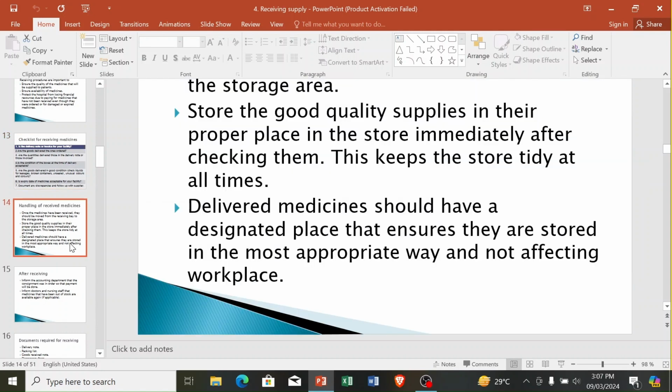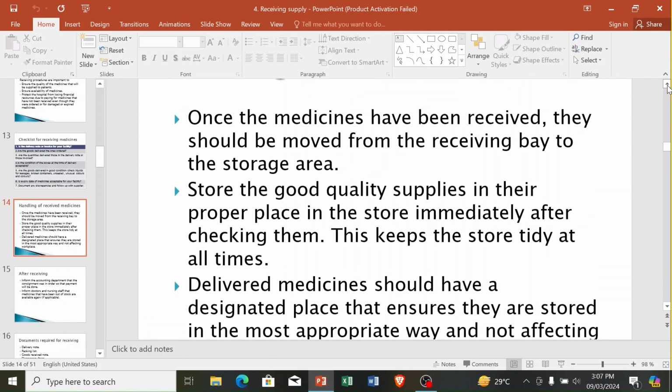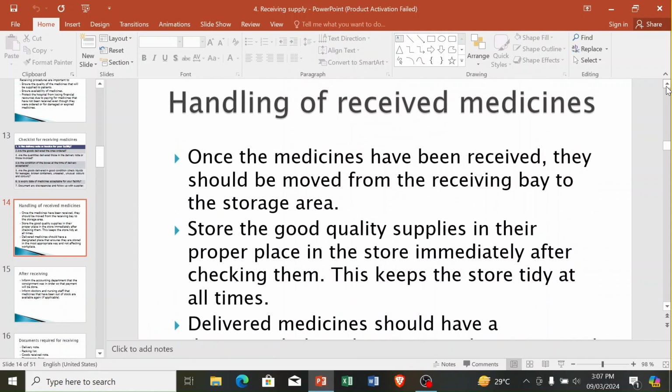And then we have handling of received medicines. How do we handle medicines that we have already received? Because remember, we have to release them. Once medicines have been received, they should be removed from the receiving bay to the storage area. Store the good quality supplies in their proper place in the store immediately after checking them.